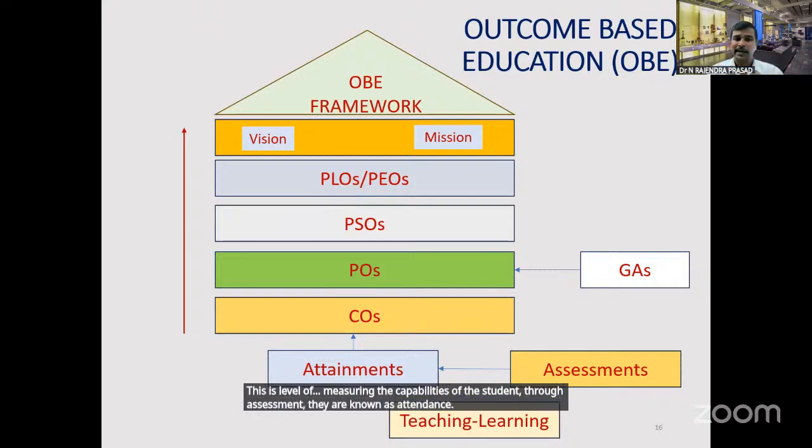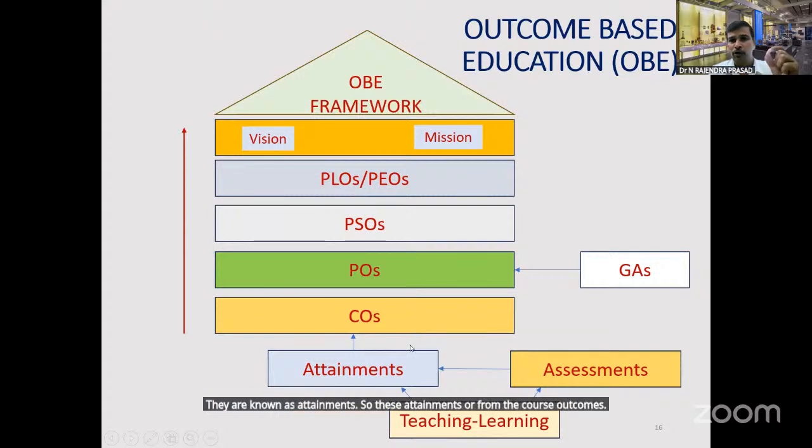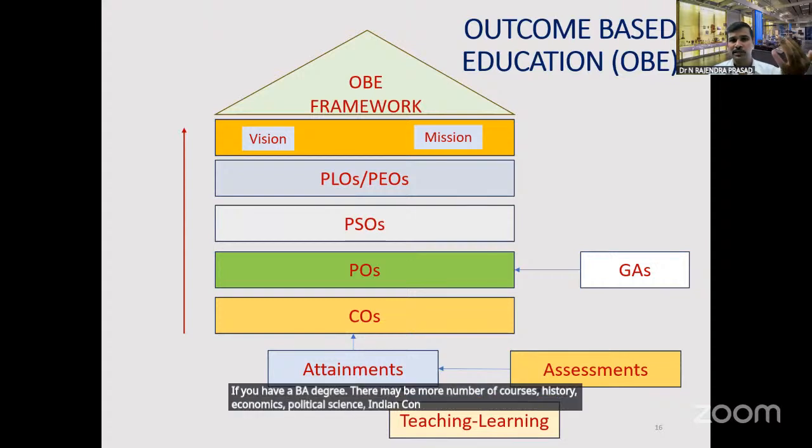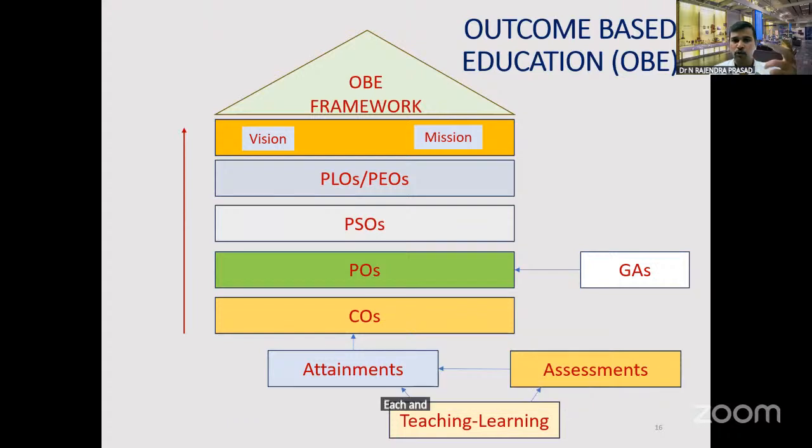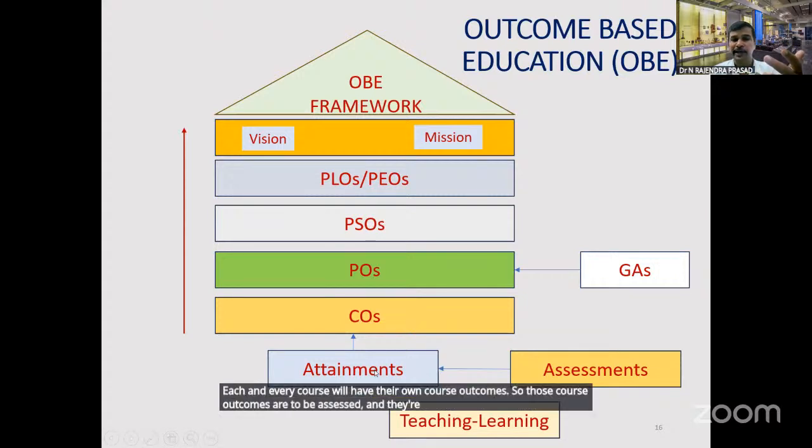These attainments are from the course outcomes. If you have a BA degree, there may be a number of courses: history, economics, political science, Indian constitution, environmental studies, Kannada, English, Sanskrit, Urdu, etc. Each and every course will have its own course outcomes. Those course outcomes are to be assessed and their attainment reports prepared.